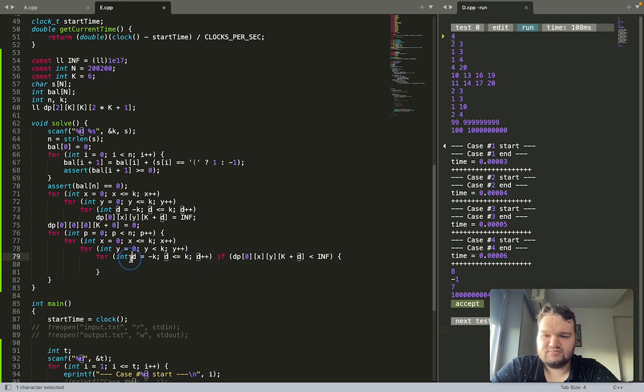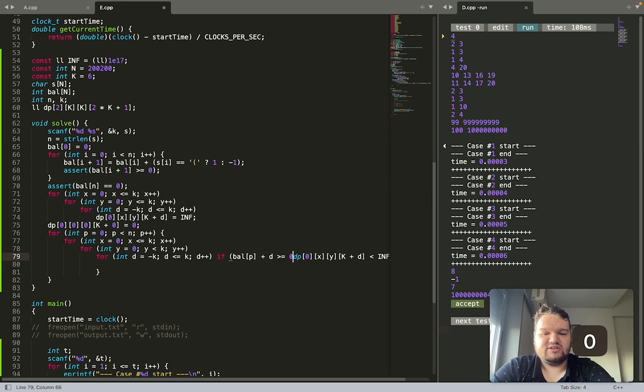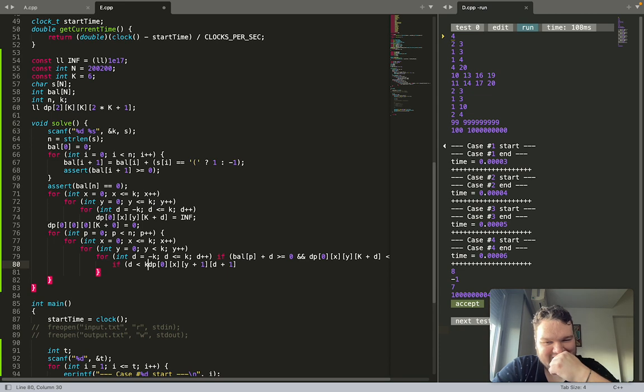Let's also check that the balance at which we're looking, which is the balance in position P plus the shift we did, is non-negative right now. So I can add an opening bracket, which will mean that x doesn't change, y changes by 1, d increases by 1. So we should do that only if d is strictly smaller than k.